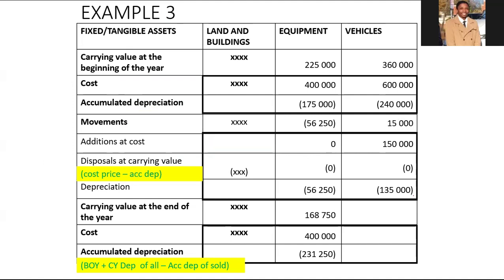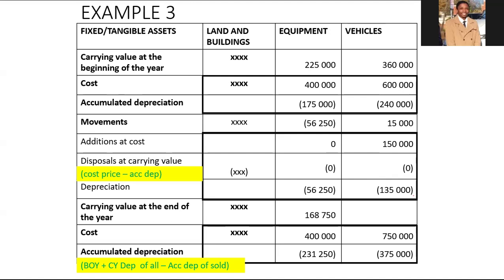Cost at the end will be cost at the beginning 600,000 plus cost of additions 150,000, and that will give you 750,000. Accumulated depreciation at the end will be accumulated depreciation at the beginning, which is 240, plus current year depreciation, which is 135. There was no asset disposed, so it'll be 240 plus 135. That'll give you 375.